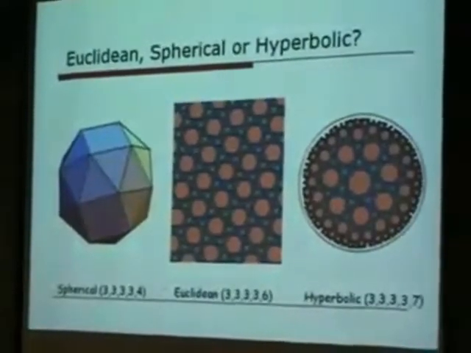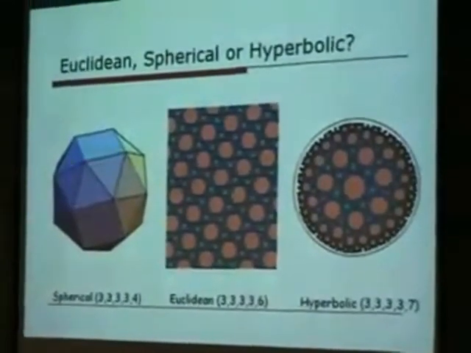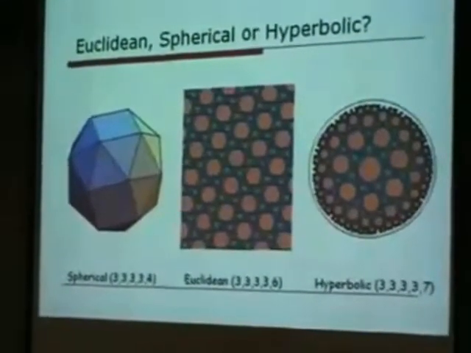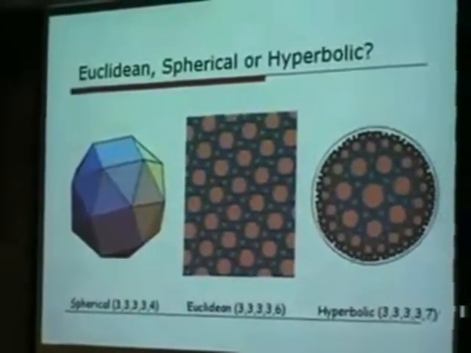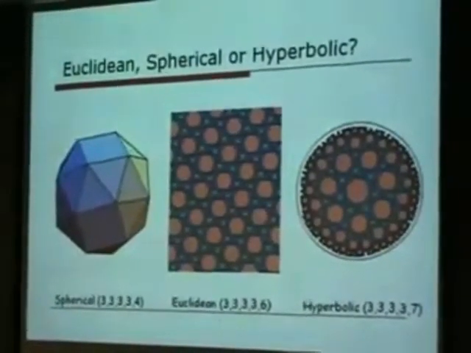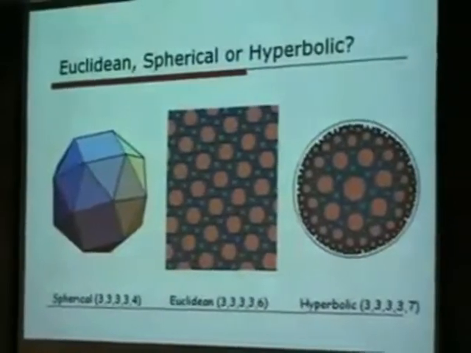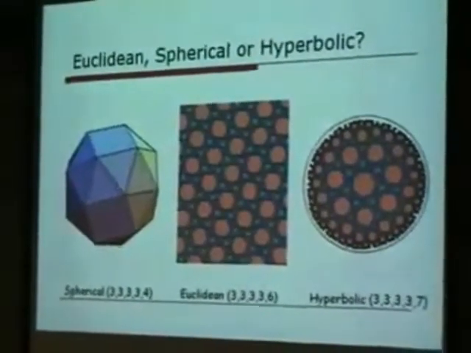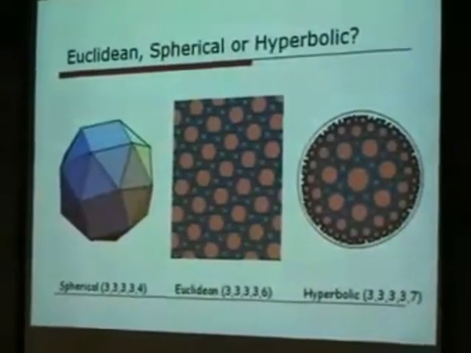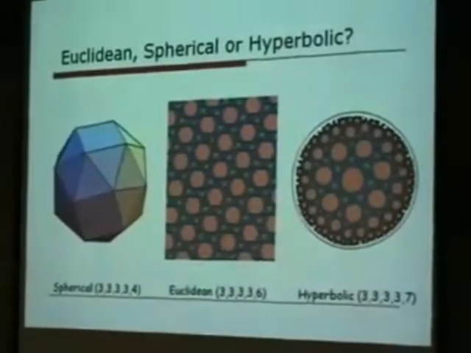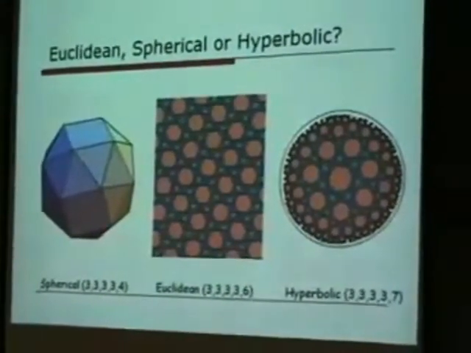Here we see that if around each vertex we have 4 triangles and a square, this is just a tessellation of a sphere, which can be thought of as a polyhedron. If you have 4 triangles and a hexagon around each and every vertex, we'll get a Euclidean tessellation. And if you have 4 squares and a heptagon, it's going to be a hyperbolic tessellation.